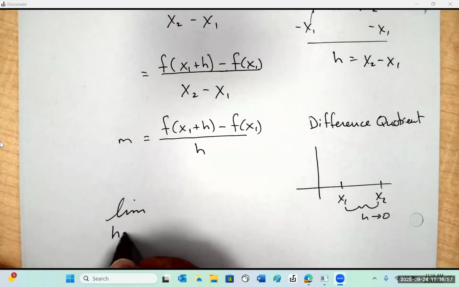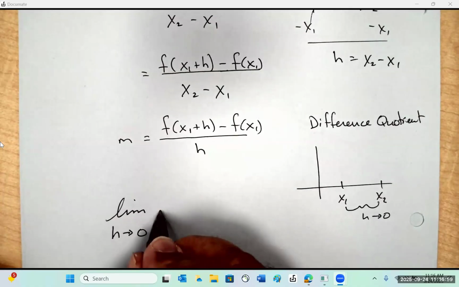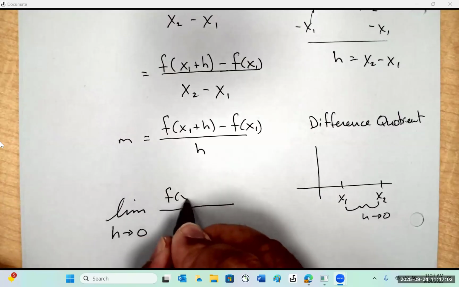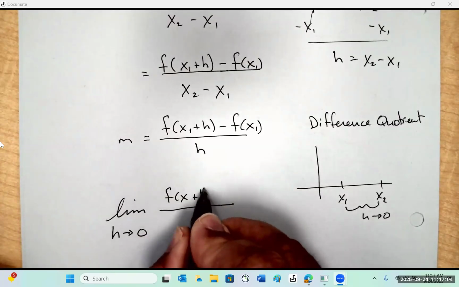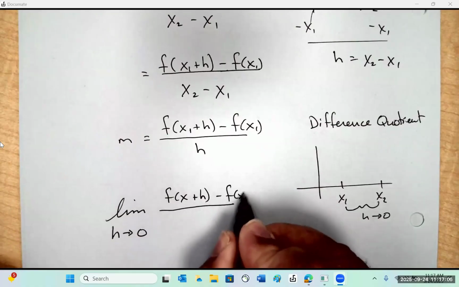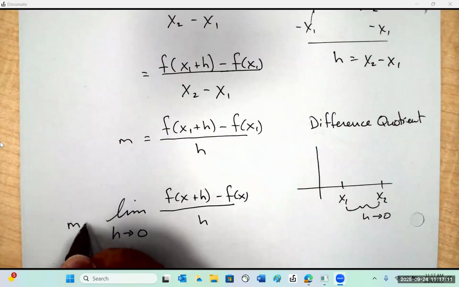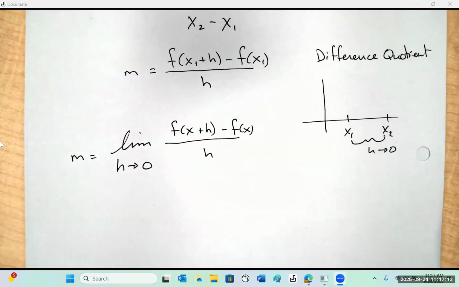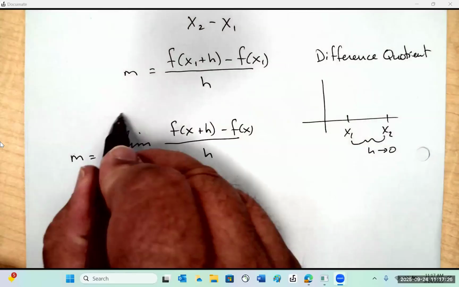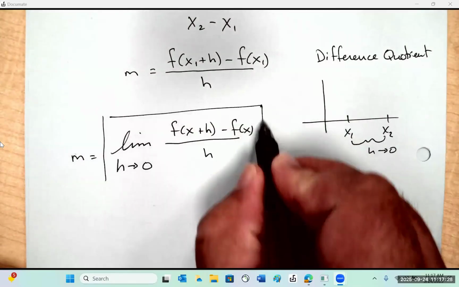So what we have to look at now is the difference quotient at any point we're looking for. So this is the formula we'll be using for this first part.